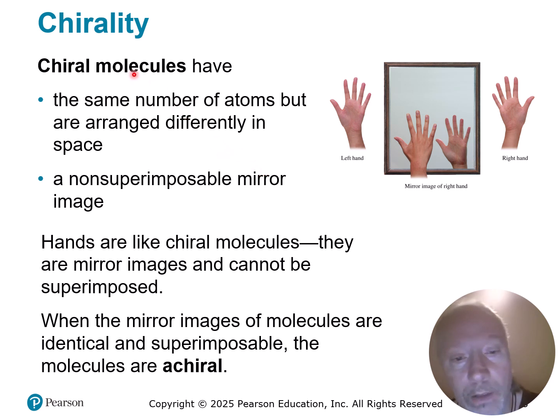If they don't, you don't even have to worry about the mirror image, because if it doesn't have four different elements on the carbon, it cannot be a chiral molecule. We don't even have to consider it. We already know it's achiral. If it's chiral and we have another molecule that looks similar or just like it, we can do the superimposable test. If it's superimposable, it's going to be achiral. If it's non-superimposable, like the hand analogy, it would be chiral, giving it stereochemistry.